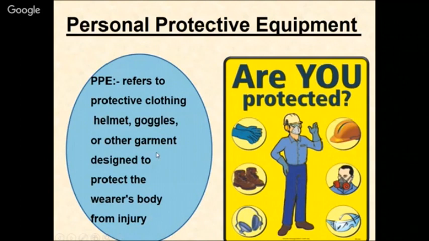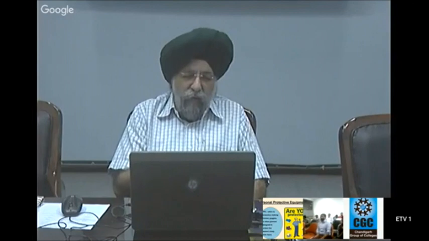Now these were there because many times the workers were coming dressed in clothes which are not good when you're doing stitching operations or lifting operations, and that way they were harming themselves.